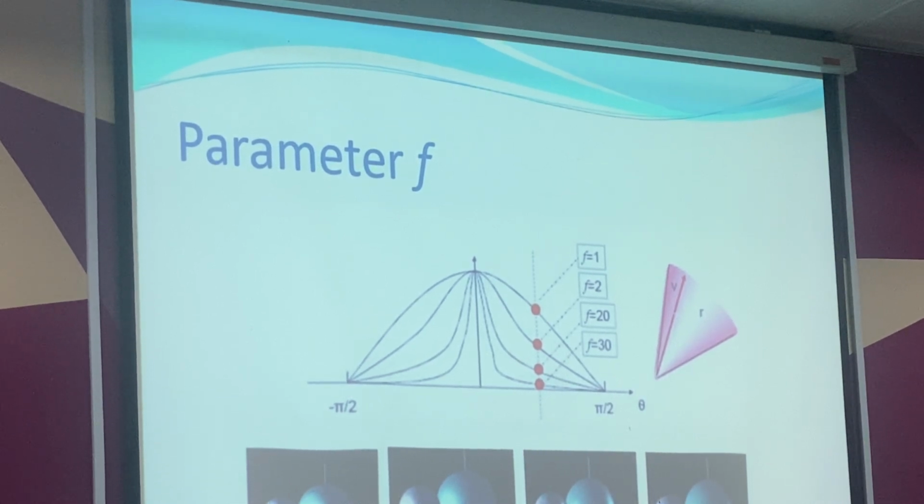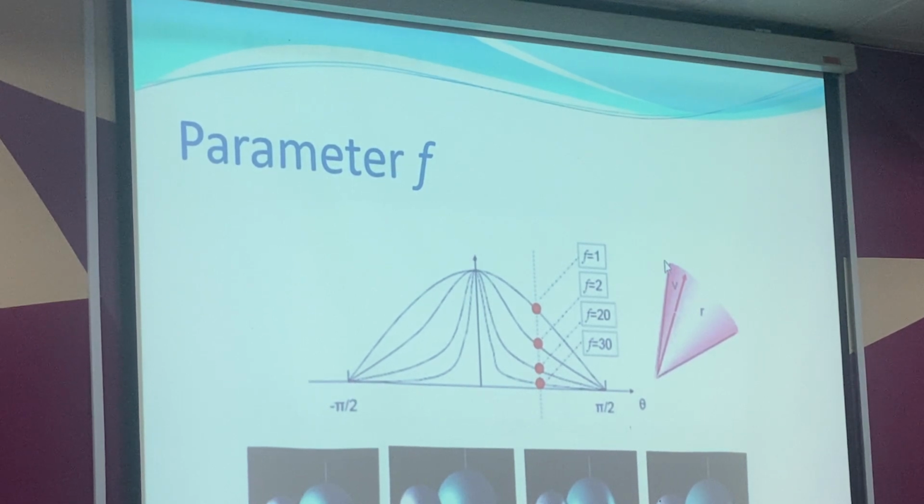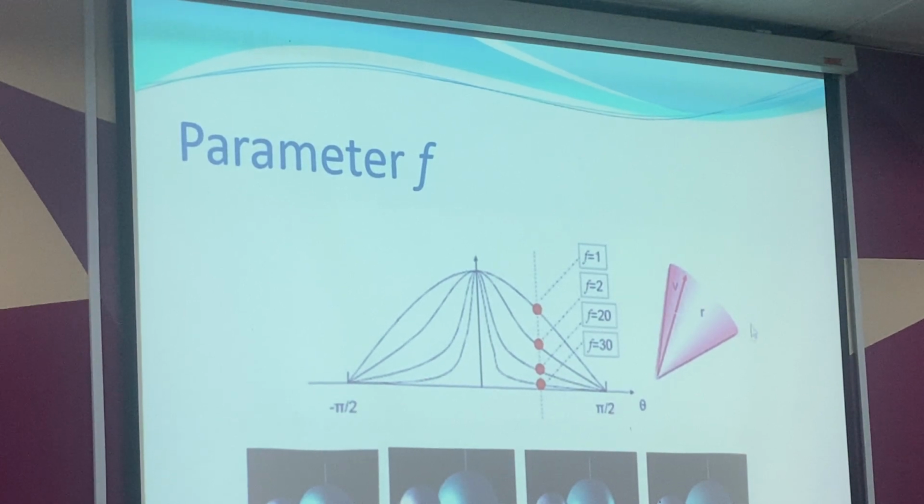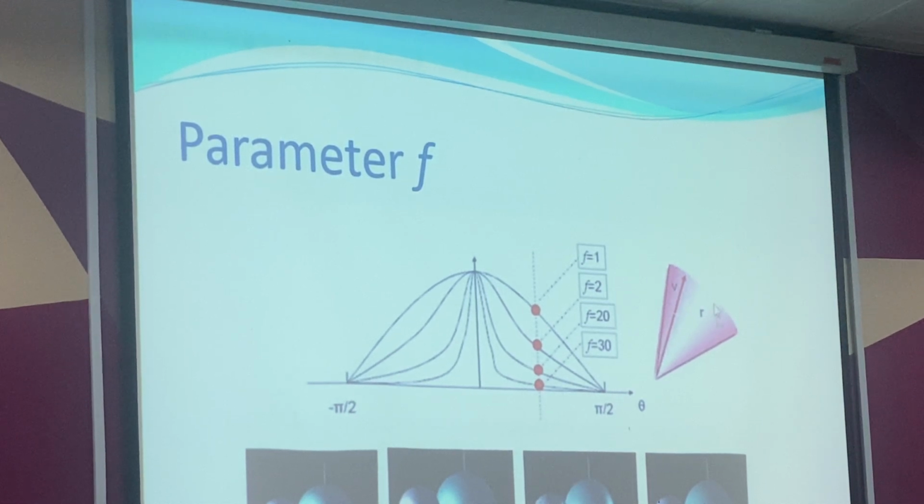You see it is very bright here, a big area, with the f value equal to 1. You can see your normal, this is your R, the angle between your light source and your normal. So you adjust your R and V, this angle.